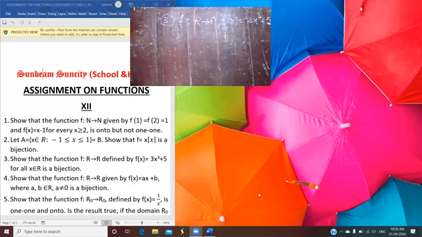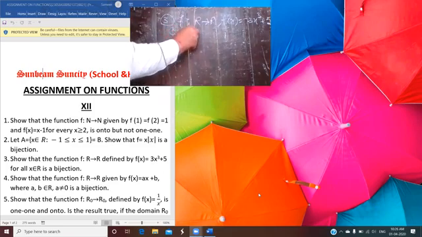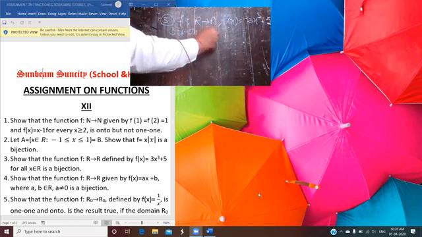Bijection means here you have to prove that it is a bijective function. So again, the function is one-one and onto. So let us start. First you write the heading: one-one function.